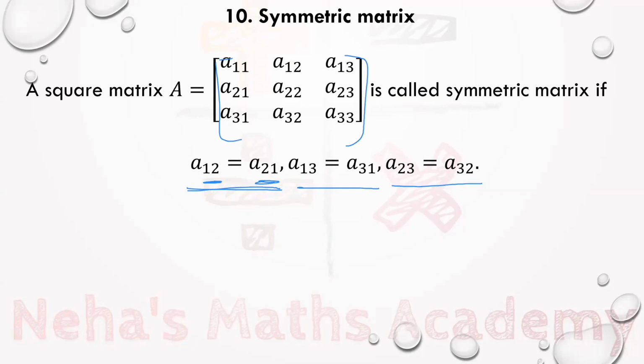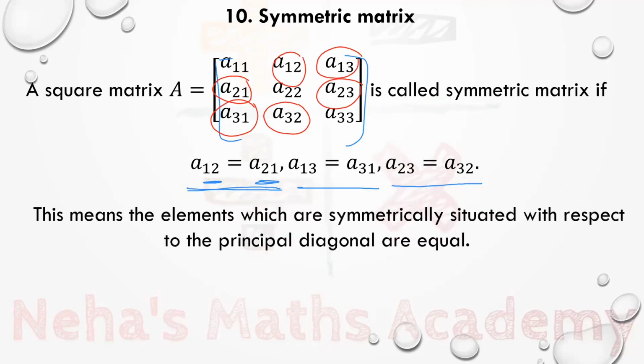So, A12 should be equal to A21, A13 equals A31, and A23 should be equal to A32. So if this happens, then that square matrix is called a symmetric matrix. This means the elements which are symmetrically situated with respect to the principal diagonal are equal.